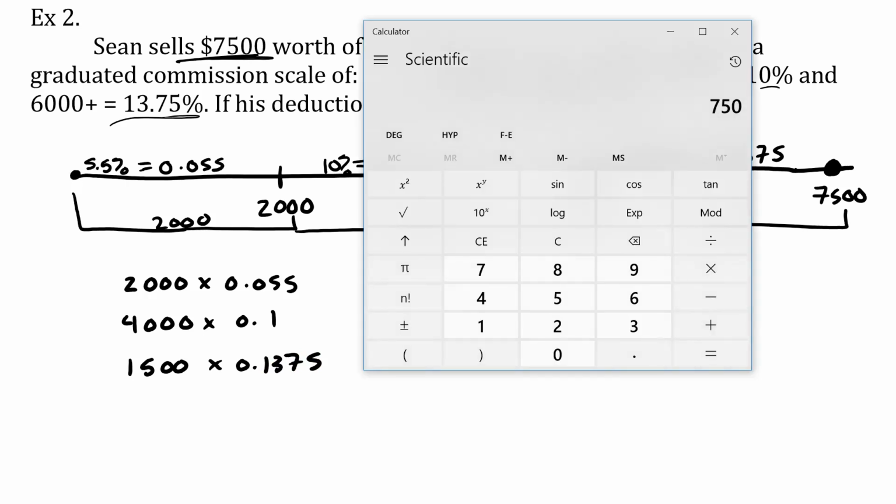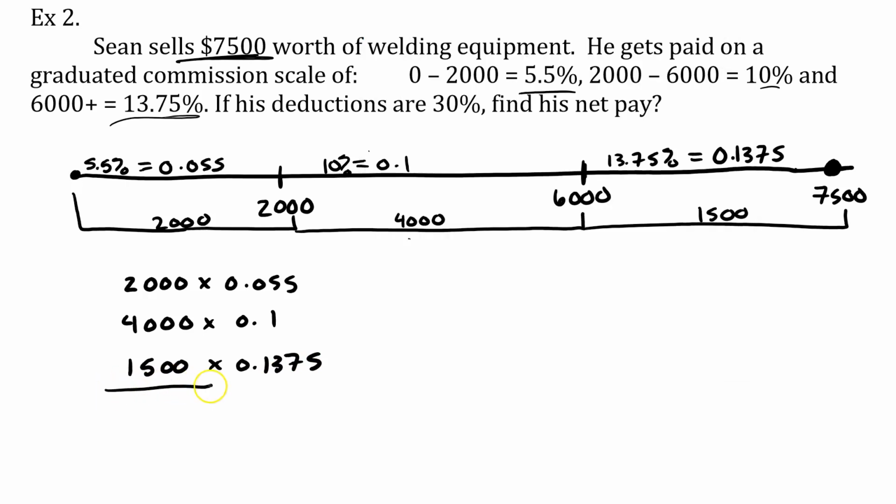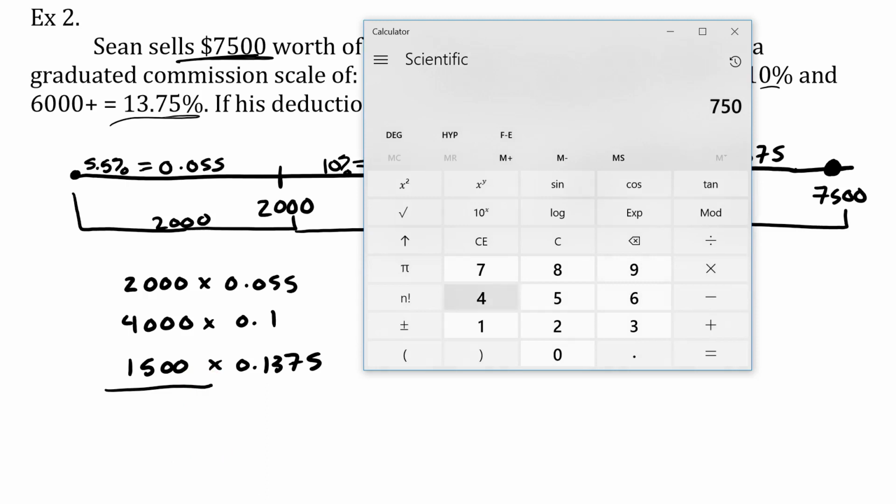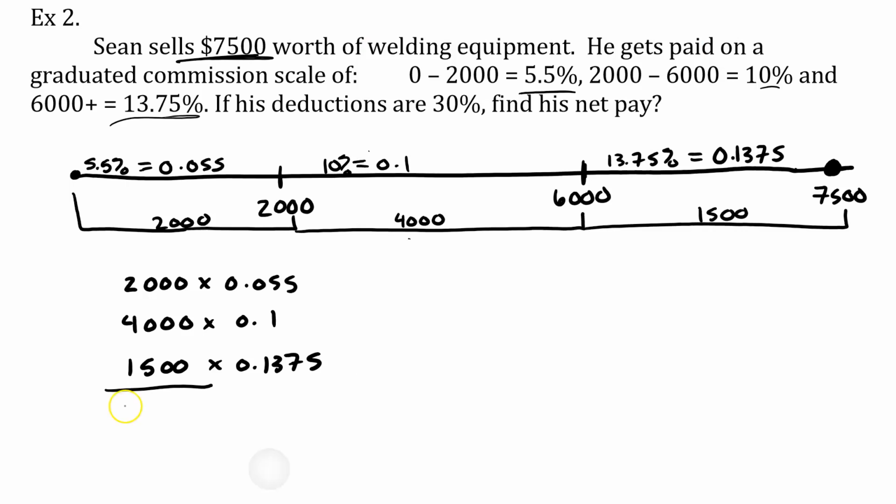Let's just do a quick check here with this total. If this totals 7,500, we know we've set it up right. So 2,000 plus 4,000 plus 1,500 is 7,500. Check. We're good, because that's what we're hoping to calculate commission on. Those are his sales.